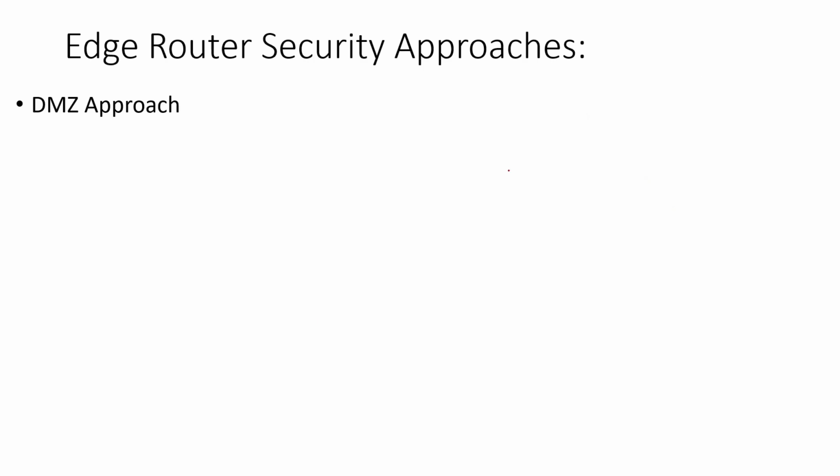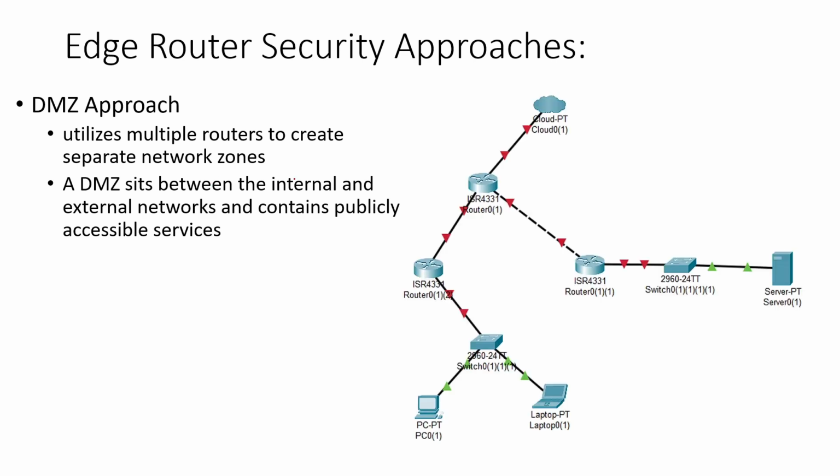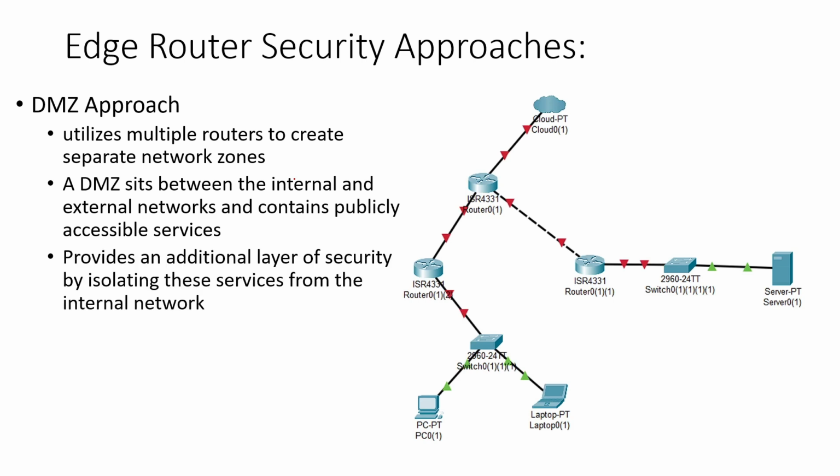Another approach is the DMZ approach, or the demilitarized zone approach. This approach uses multiple routers to create separate network zones. The DMZ sits between the internal and external networks and contains publicly accessible services. So here in this example, there is a single router. The purpose of this single router could be just routing.